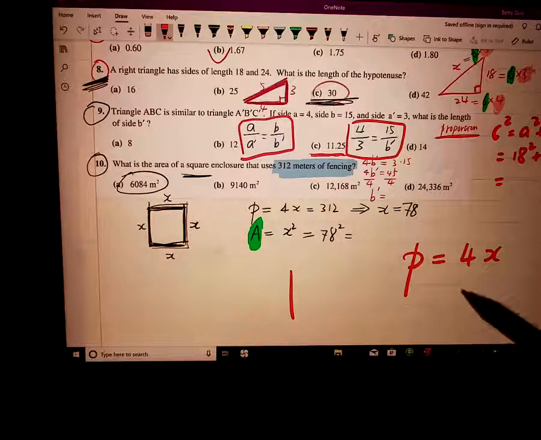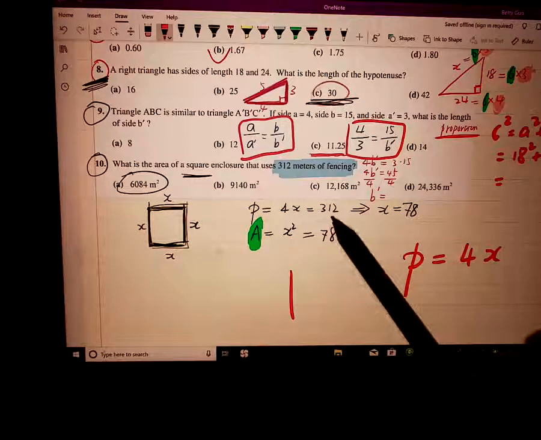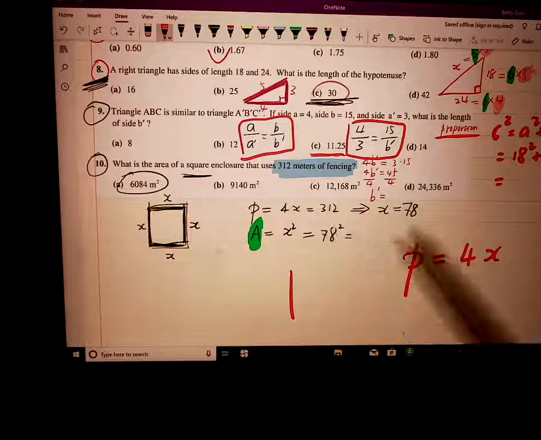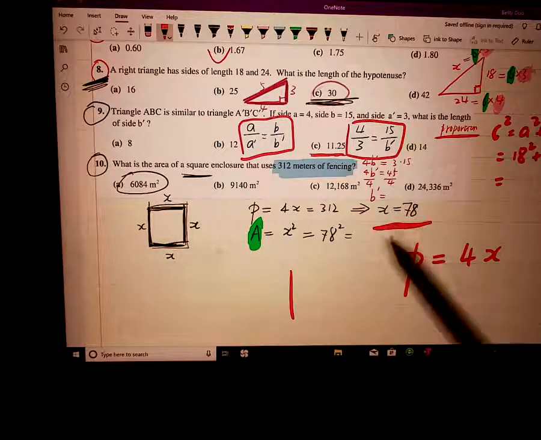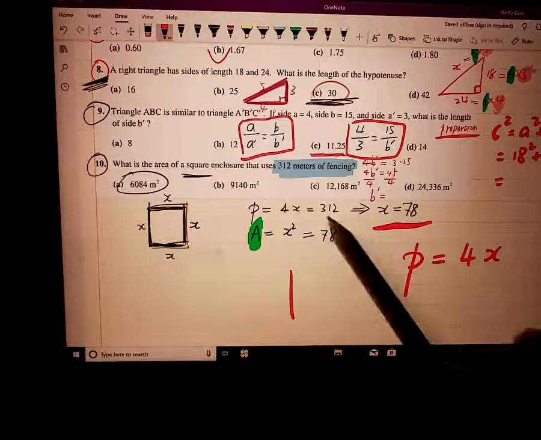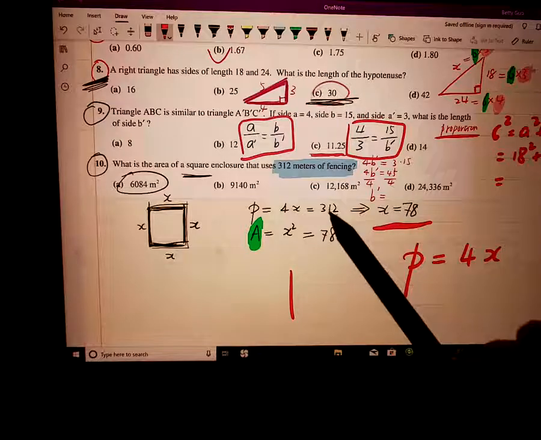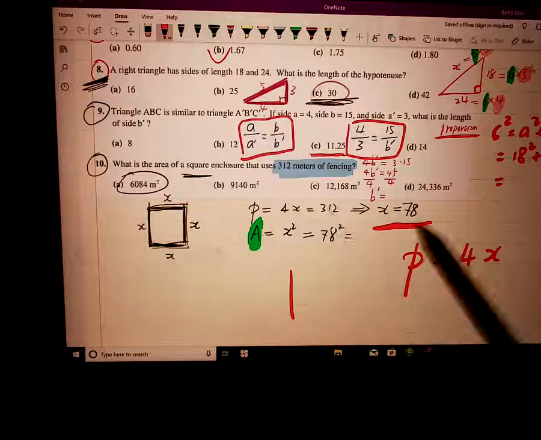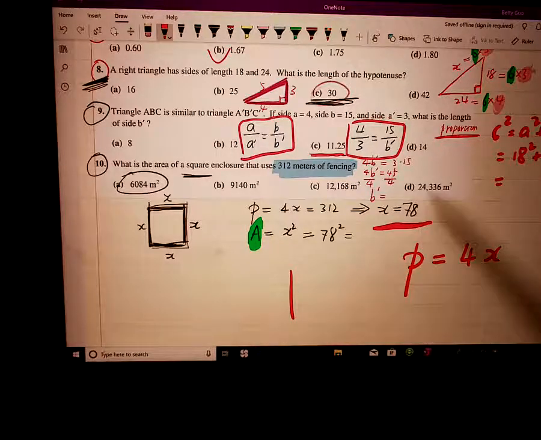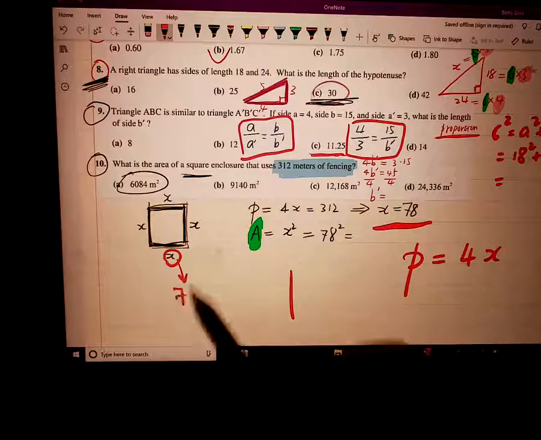So if the perimeter is 312, then the length of the side would be a quarter of the perimeter. That is 312 divided by 4. You have 78. Use your calculator. So now we know the length of the side is 78.